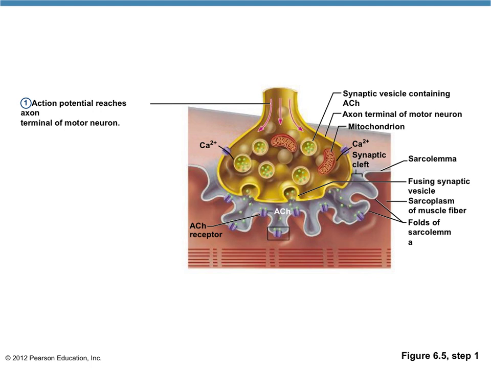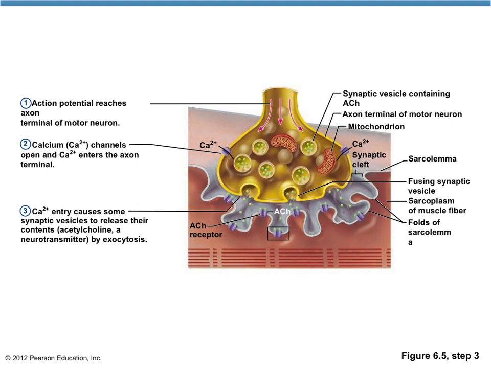So the action potential reaches the axon of the nerve cell, and then when that happens, the nerve cell becomes permeable to calcium. When it becomes permeable to calcium, calcium will enter the axon through those open terminals. When calcium enters, it causes some of the synaptic vesicles to release their contents.